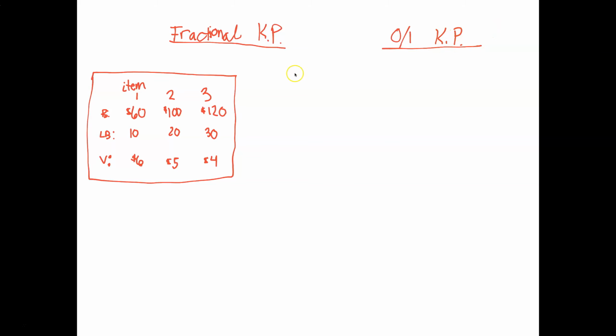So let's say we wanted to fill a backpack, where we can hold 50 pounds. But we can either take an item or leave it. If we were to try and use the same greedy approach, we would end up taking as much of item 1 as we can, which means we take 10 pounds of item 1. Now we've got 40 pounds left to work with.